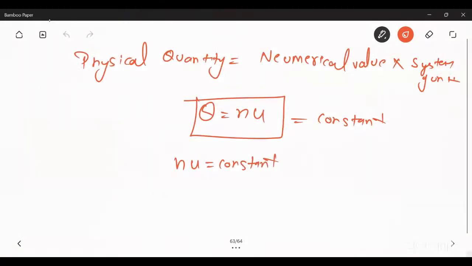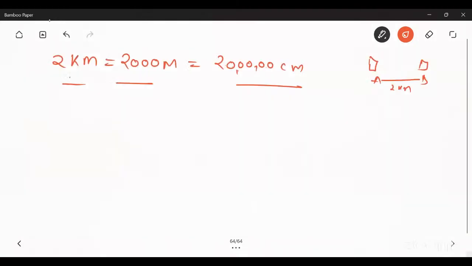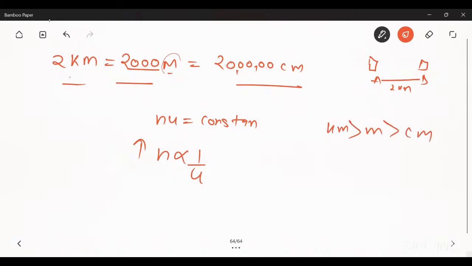That means the principle of homogeneity. Later you will learn more about the principle of homogeneity. The multiplication of numerical value into unit is always constant. n into u is always constant, so n is inversely proportional to u. The greater the unit, the lesser the numerical value. You know that kilometer is greater than meter, which is greater than centimeter. So the numerical value in kilometer is less, the numerical value in meter is greater than in kilometer, and the numerical value in centimeter is greater than in meter.